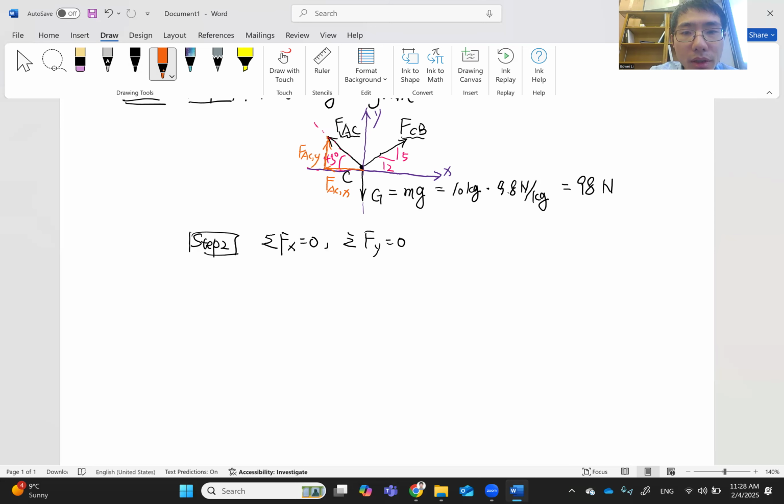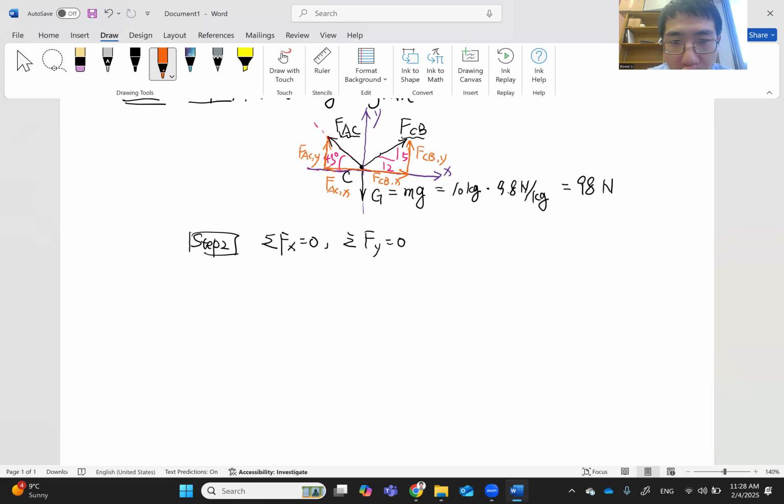Similarly, we can decompose FCB as well. Draw a line perpendicular to the x-axis, and then we have a right angle triangle. The height of the triangle is FCBY, and the base is FCBX.